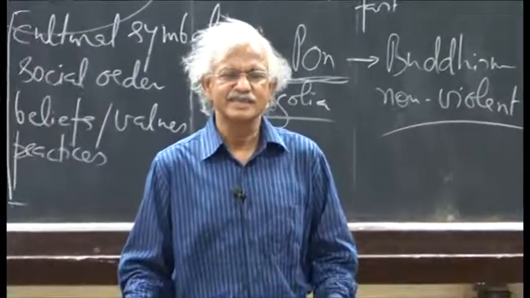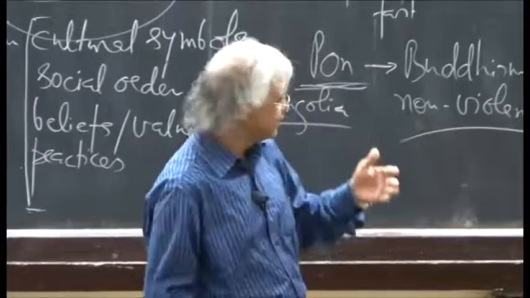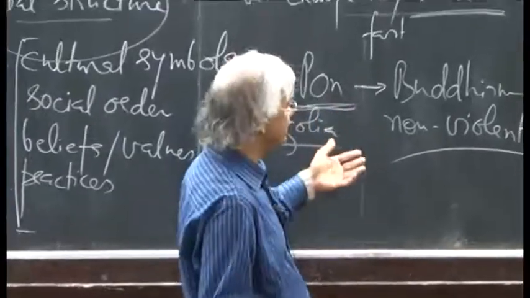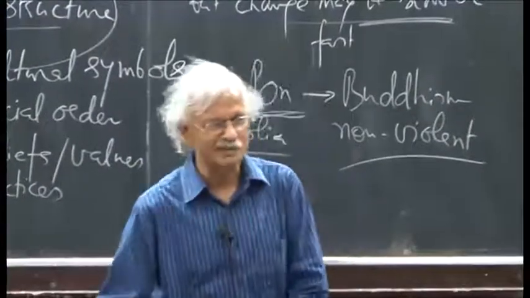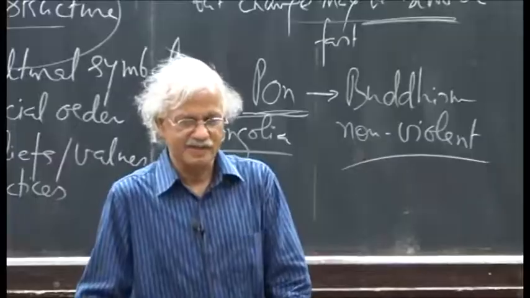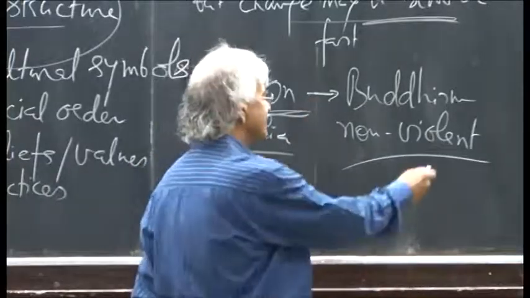And many Tibetan kings are known to have captured several districts of China from time to time and parts of Mongolia. There was a very good relationship between Tibet and Mongolia. But once they became Buddhists, then they became non-violent.